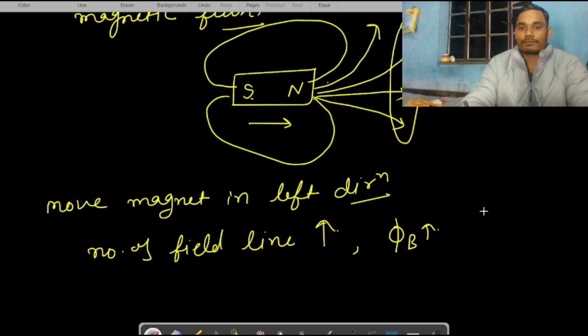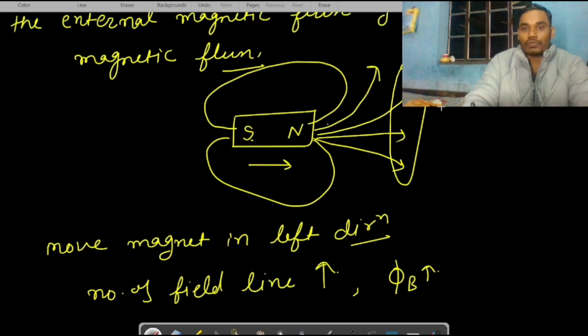Now the direction of the induced current in this loop of wire will be in such a direction that the current will create a magnetic field, and that magnetic field will make a magnetic flux that opposes the magnetic flux due to this bar magnet.